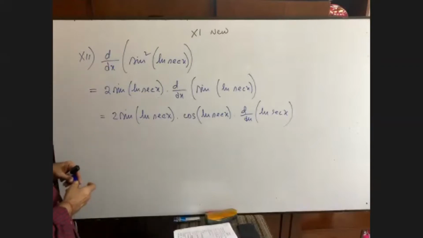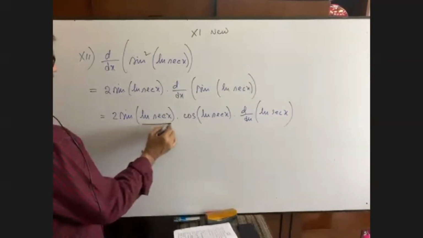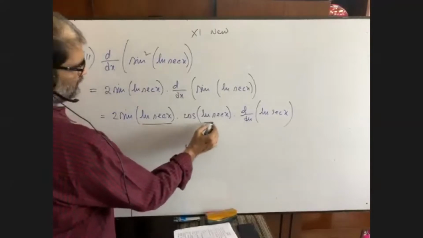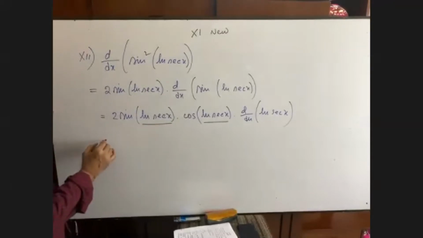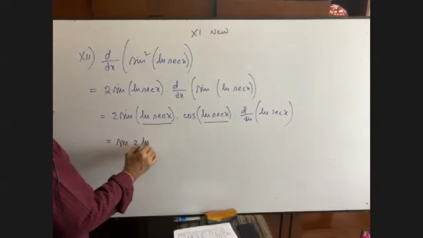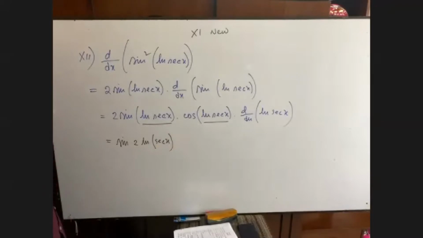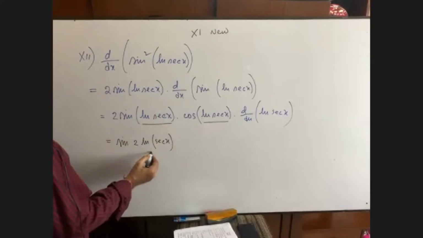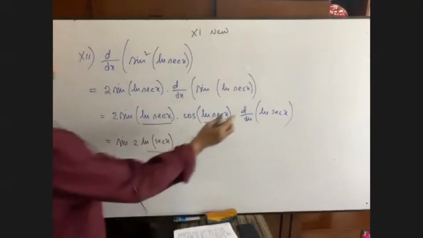Now you see 2 sine theta cos theta. Same thing. 2 sine theta cos theta equals what? Sine 2 theta, right? What is theta? Theta is ln sec x. So it is sine 2 theta, where 2 theta is 2 ln sec x.